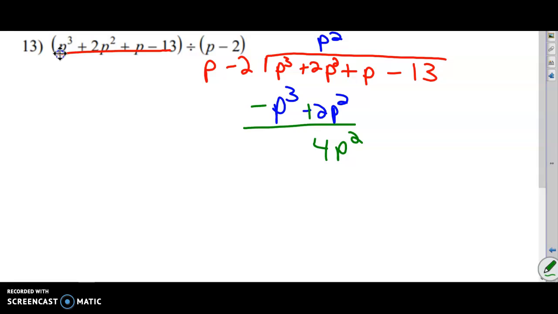Alright, so now we need to bring this p down so that we have the same number of terms as our divisor. P goes into 4p squared 4p times, and that's positive, so I put a plus. 4p times p is 4p squared.